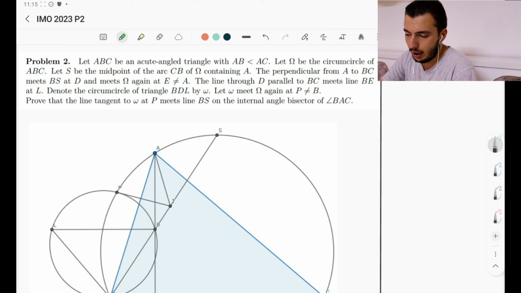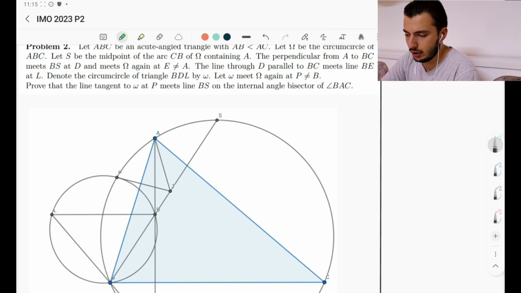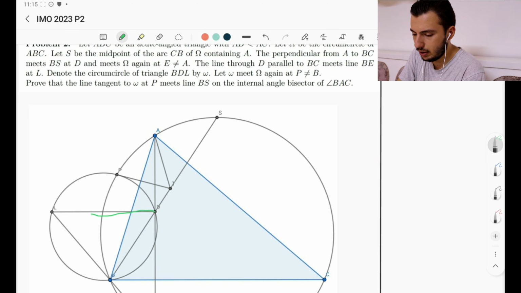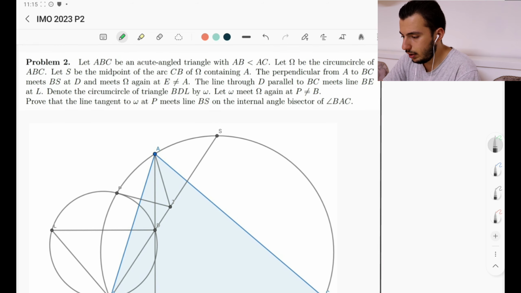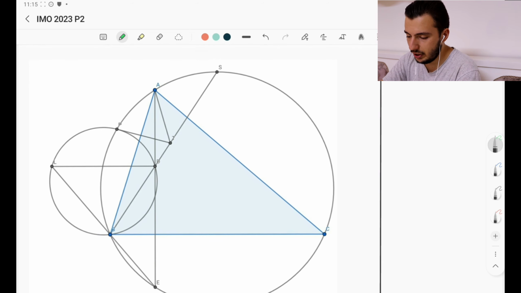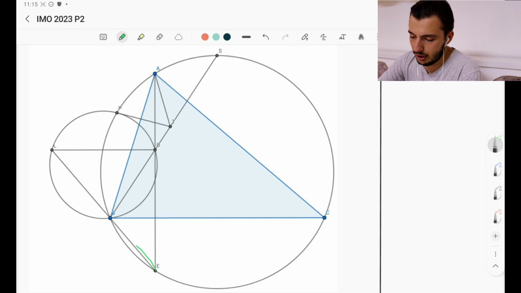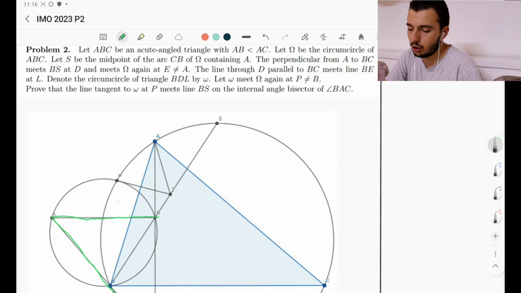Next, we have a line that's parallel to BC, through D. This line is going to meet line BE at L. As you can see here, BE and this line parallel to BC meet at one point, that is point L. Next, we draw the circumcircle of triangle DBL.